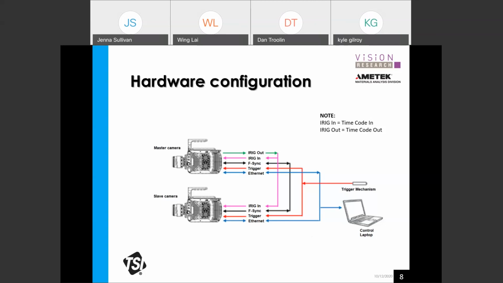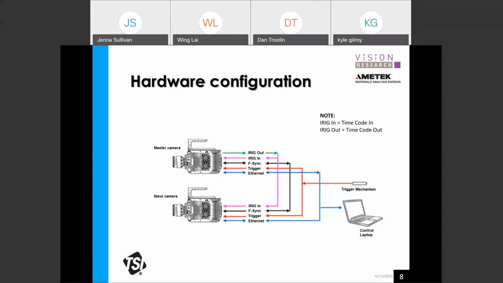So what we do to synchronize them is we take that master camera's oscillating signal and feed it into the slave camera through what is called the F-sync signal. And that slave camera will essentially be in phase with the master camera, which allows you to get, on the order of nanoseconds, synchronization with the master camera. So you're essentially taking pictures at exactly the same time.